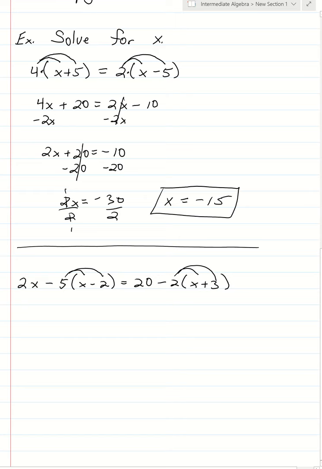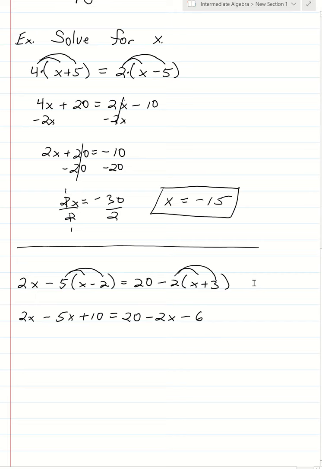And in doing so, we would now have a 2x minus 5x plus 10 equals 20 minus 2x minus 6. Okay, I distributed the negative 5. Watch your signs. I distributed the negative 2. Also watch your signs.